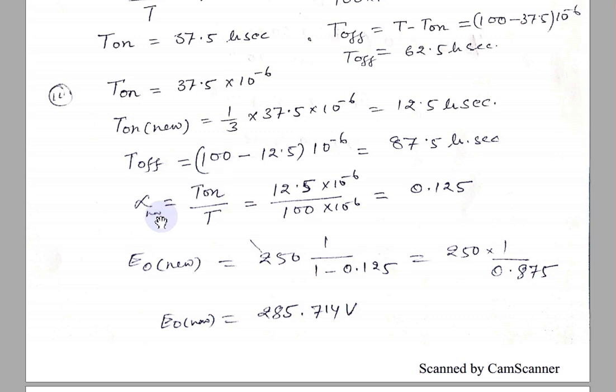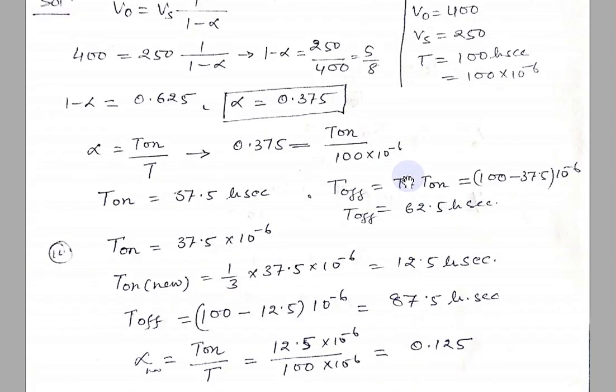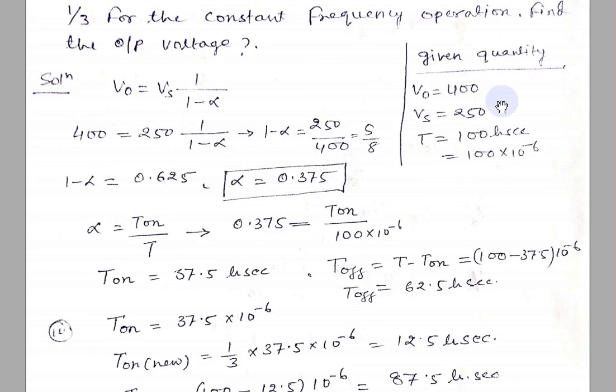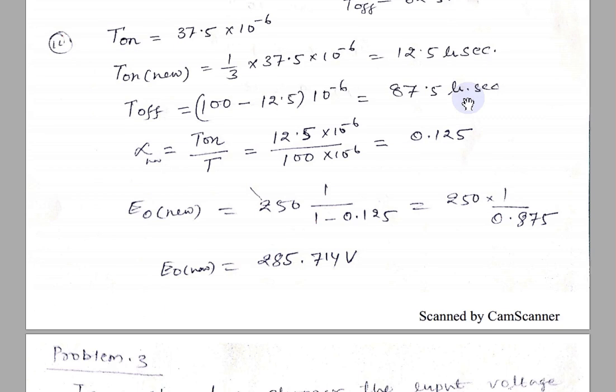Now the new alpha is equal to T on by T, so 0.125. Now we can calculate the new output voltage V naught, and we get 285.75. That means initially for alpha equal to 0.375 we were getting an output voltage of 400, and we have reduced T on. When T on is reduced, our output voltage gets reduced. So this is problem 2.